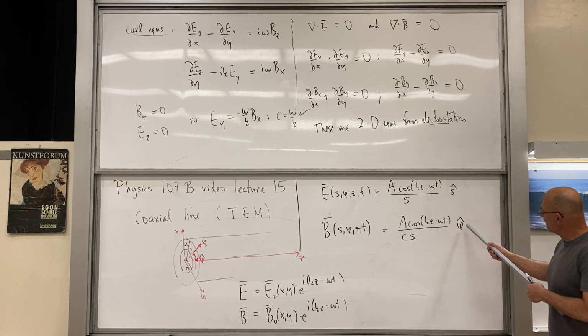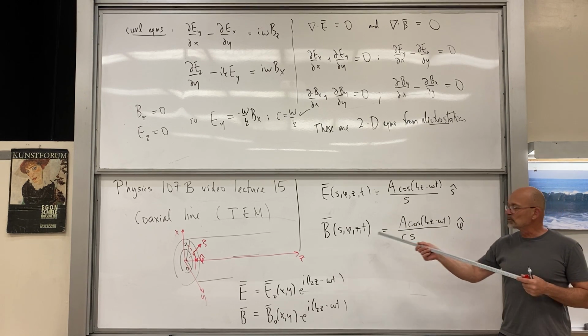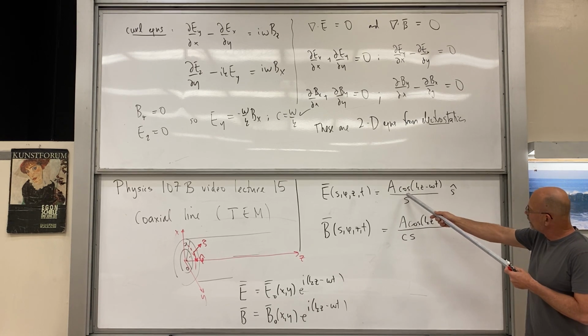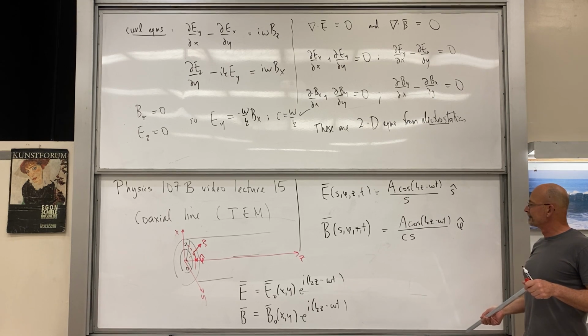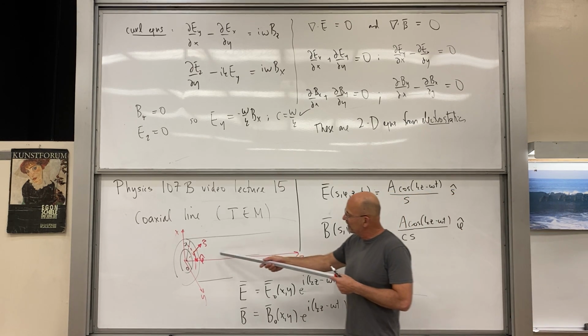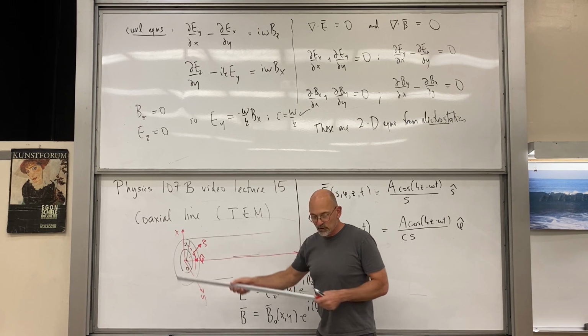The B field is your right-hand rule type of B field, right? They both get weaker linearly in S. The fields only exist in between these inner and outer radii.